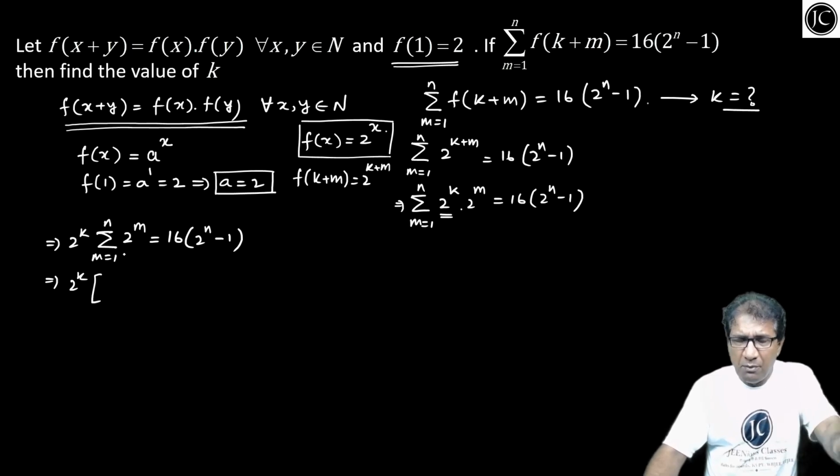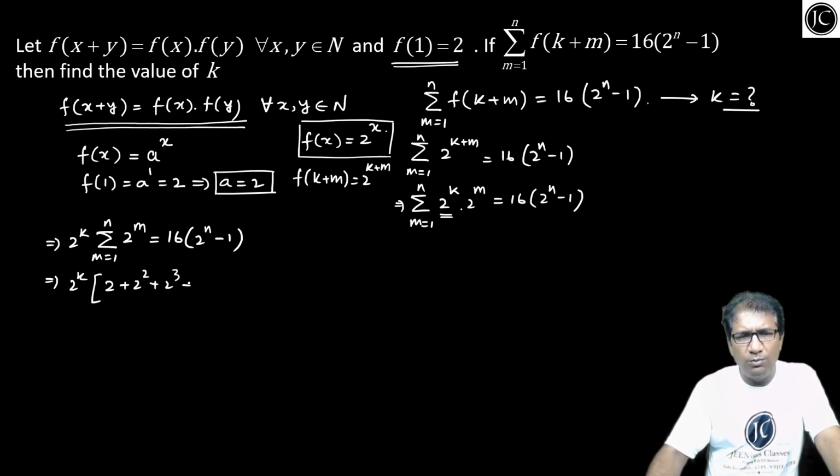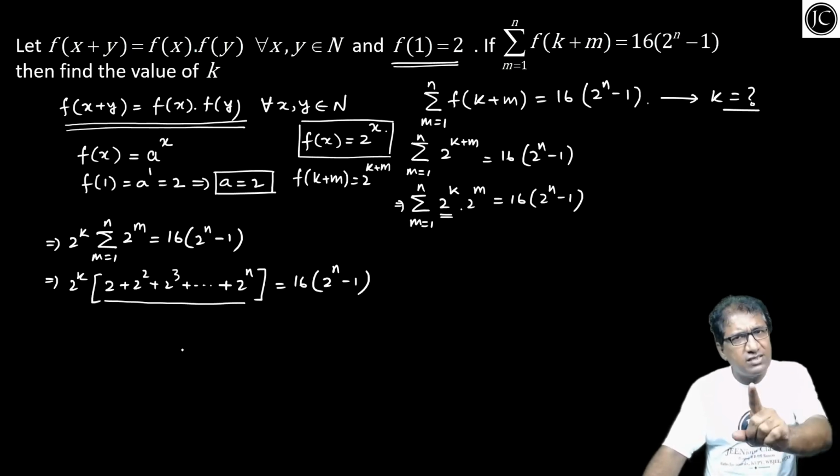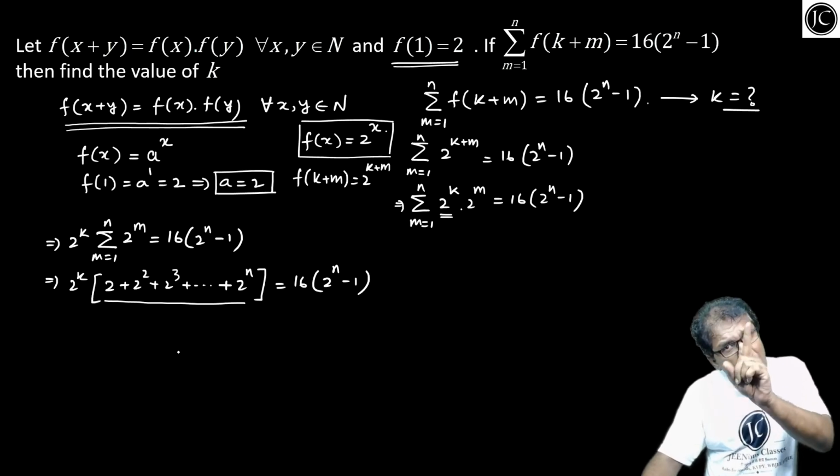अभी सिग्मा हम रिमूव कर रहे हैं, so I will write 2 square, 2 cube, and so on, 2 to the power n, which is equals to 16 into 2 to the power n minus 1. अभी बच्चों ये तो मेरा जीपी सीरीज है, जिसका first term is 2 and common ratio is also 2.